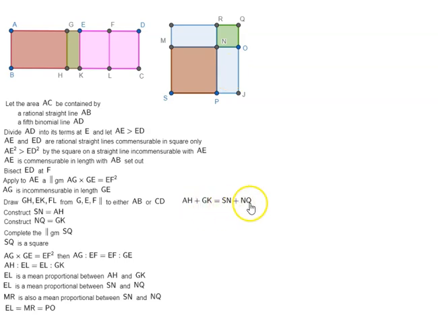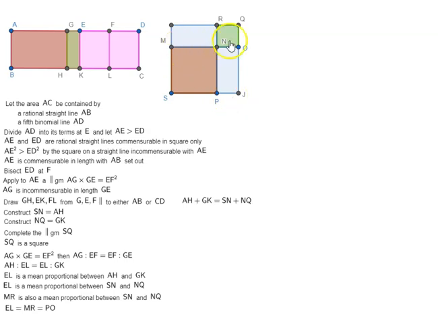AH plus GK is equal to SN plus NQ. These two are equal. So since the remainders are also equal, that means this entire rectangle AC is equal to the entire square SQ. And this square can be written as the square on SJ, or we can also write it as MO square. Why?